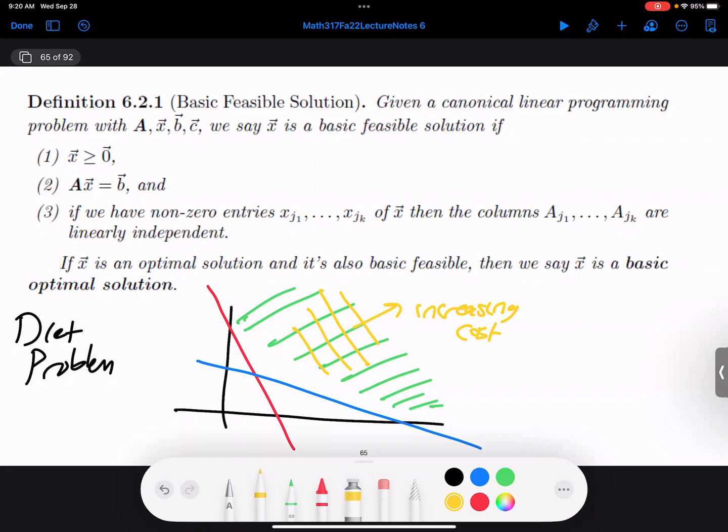And we first said, well, we can't have the cheapest diet at an interior point. Because if we're at an interior point, we can always choose a line that's parallel, that's further inward. So from that, we immediately know that the cheapest diet has to be on the boundary. And then we basically said we can somehow move to one of the points of intersection. What is the only time when we might not be able to move to a point of intersection?